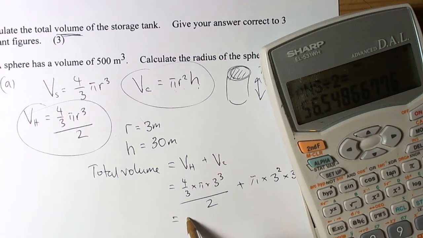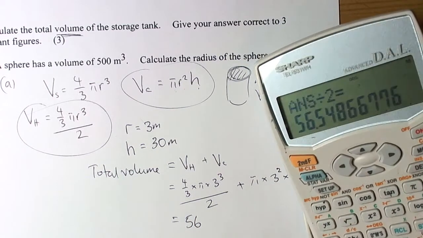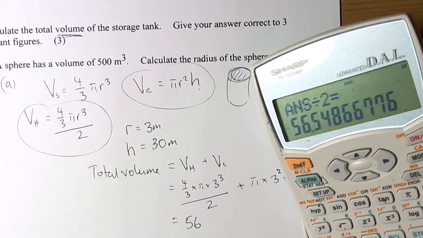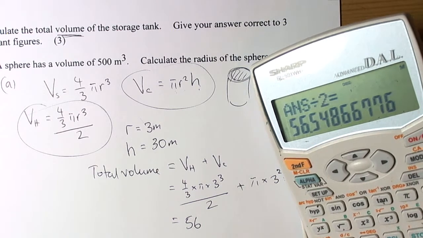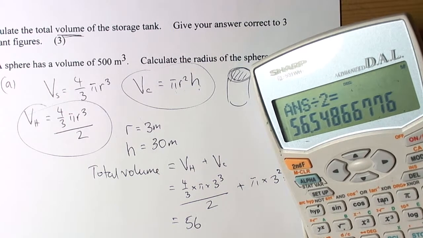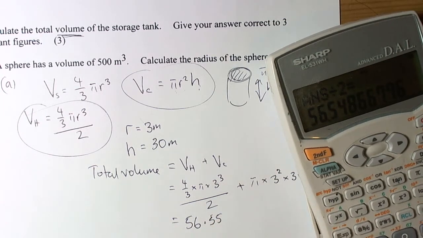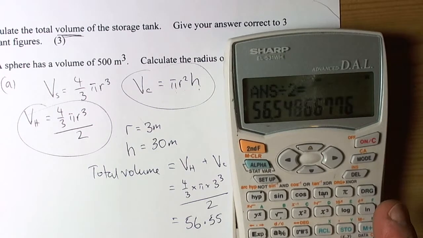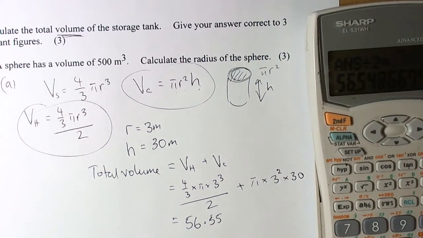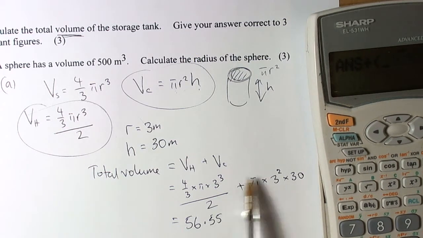And again, with all exam questions it's useful to write down some intermediate answers so that we can check we're going to get the method marks if we make a silly mistake at the end. So 56.55 for that bit. We can leave the whole thing in the calculator so we don't get any rounding errors at the end. Then we add on, with a bracket, because we want all of this sum to be done and added on to the previous one.